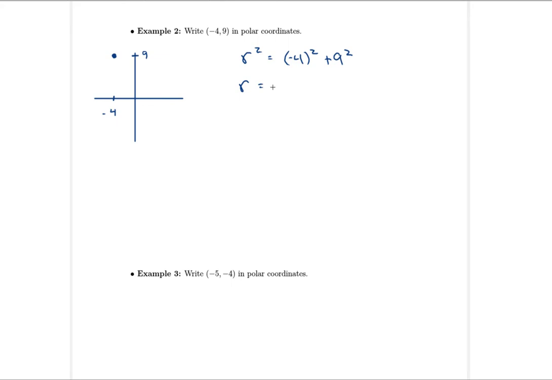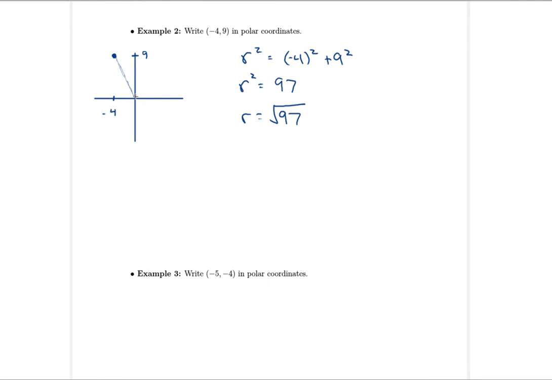So r squared would be 16 plus 81, which gives me 97. So r is equal to the square root of 97. The square root of 97 is almost 10. Does it make sense that this distance here would be around 10? I think so. If you have 4 and 9 as the legs of the triangle, that really does make a lot of sense.